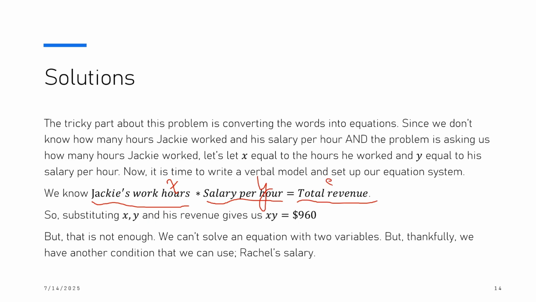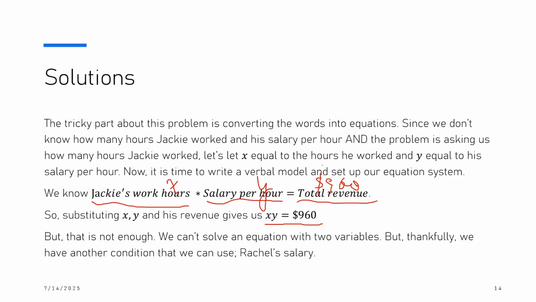And we know the total revenue, remember how it said they made 960 each? So we know that x times y should equal 960. But obviously that is not enough just to solve for x and y. There are infinitely many solutions in this equation.